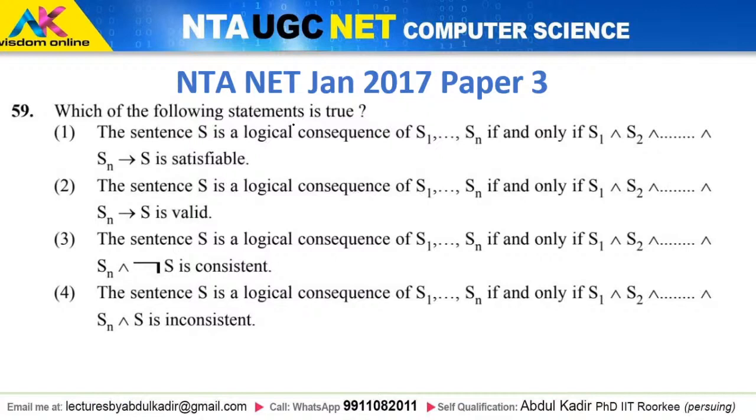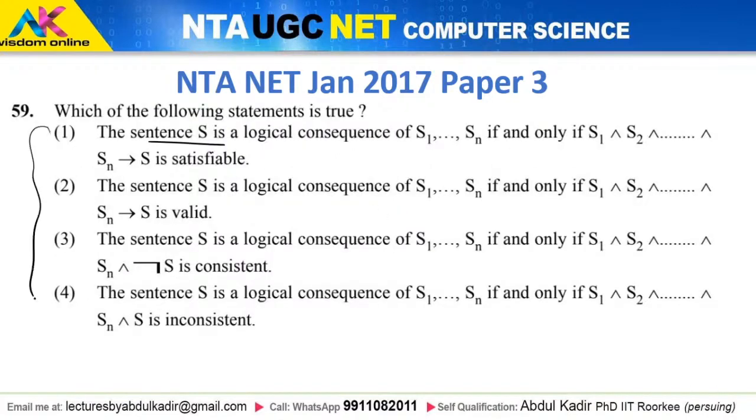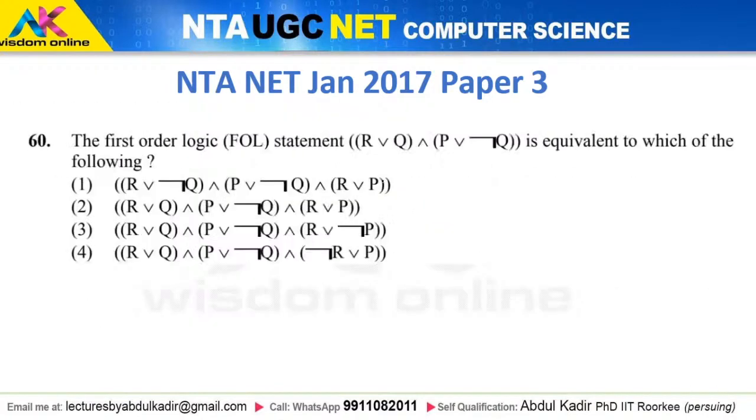Which of the following statements is true? So now he is basically saying that the sentence S is a logical consequence of S1 if and only if... So this is the definition of argument, if you remember. What is the definition of argument?